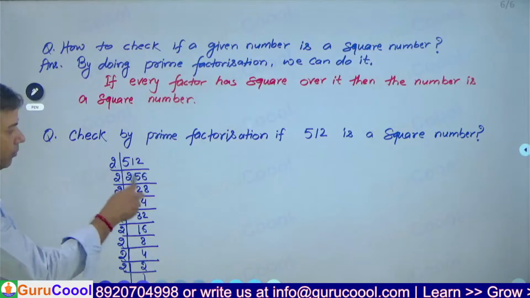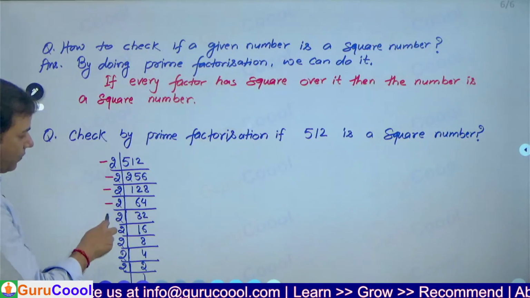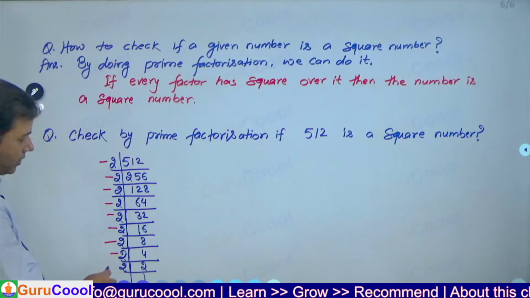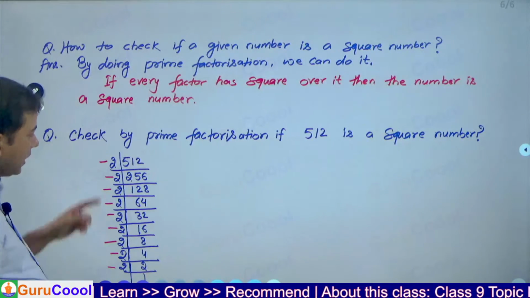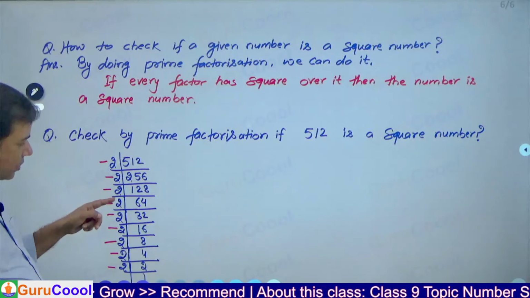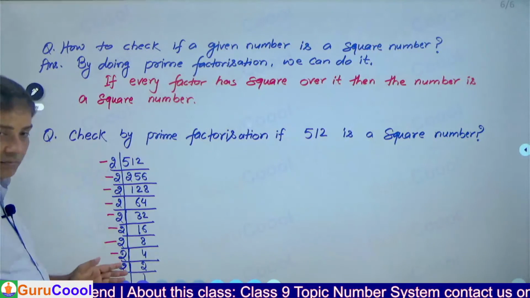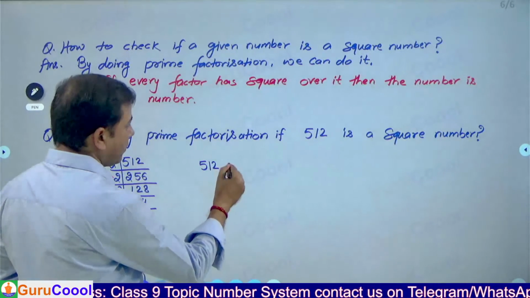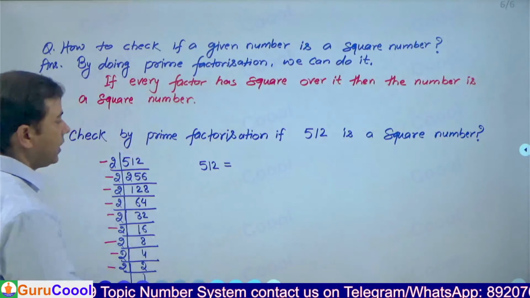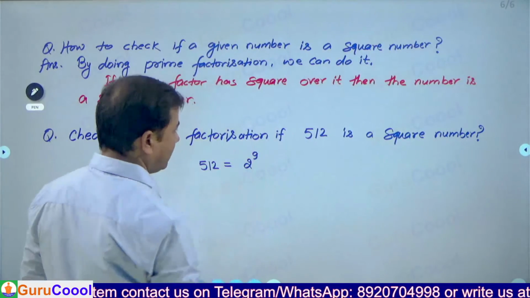Now notice how many factors you got. 1, 2, 3, 4, 5, 6, 7, 8, 9. 9 times 2. So 512 is equal to 2 raised to the power 9.